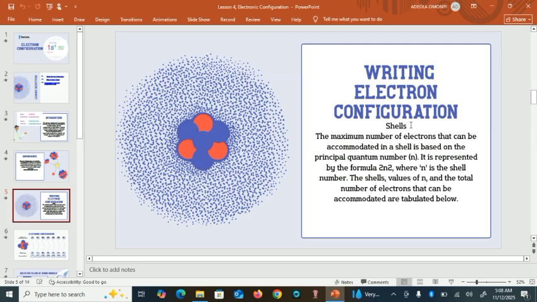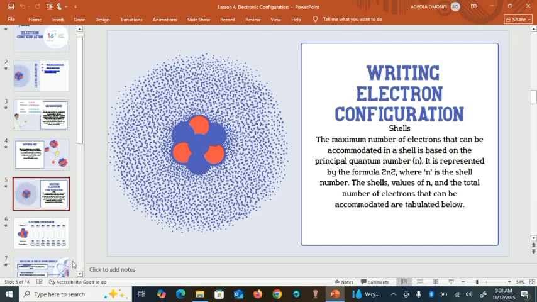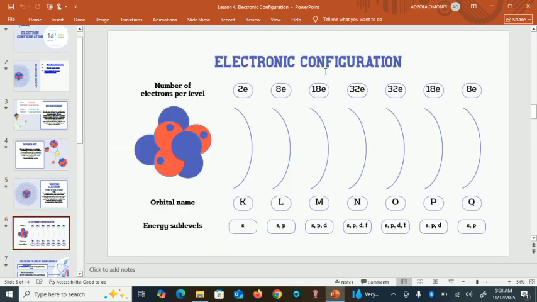The shell values of n and the total number of electrons that can be accommodated are tabulated below. I didn't put the table, but let's look at the electronic configuration. Number of electrons per level.